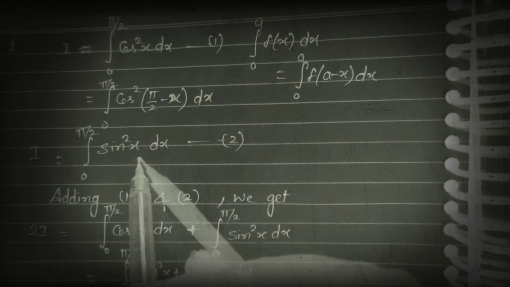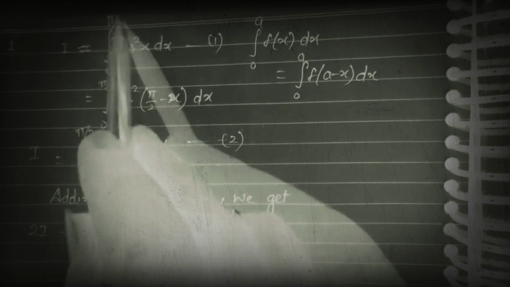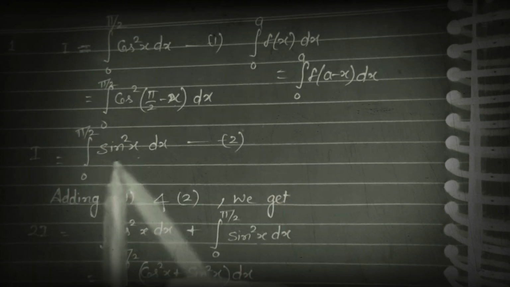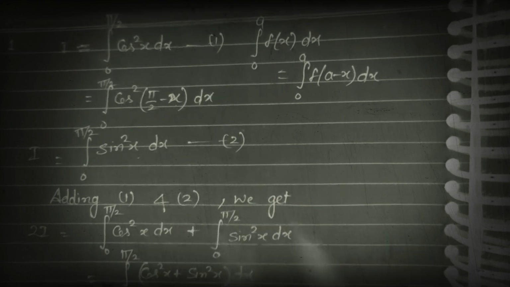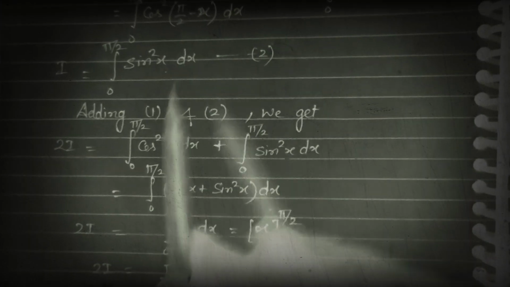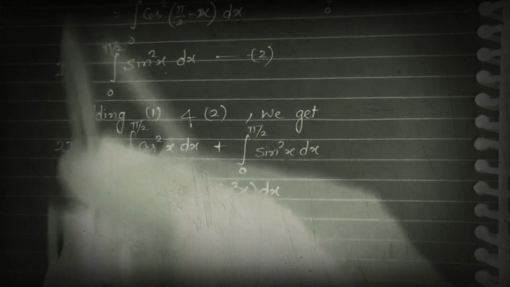Look at the first and second. This is the integration of cos square x, limit 0 to pi by 2. This is the integration of sin square x, limit 0 to pi by 2. Adding the first and second, we get I plus I, which is 2I on the left hand side.